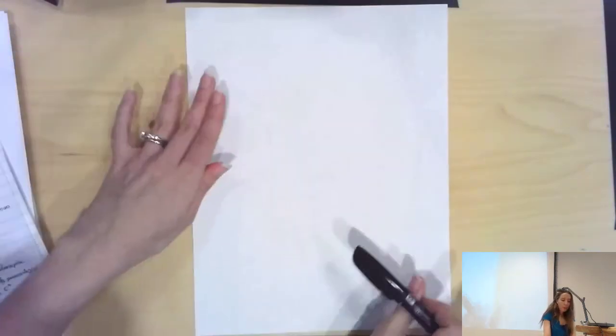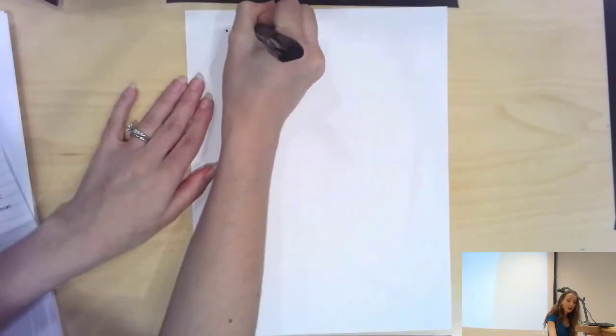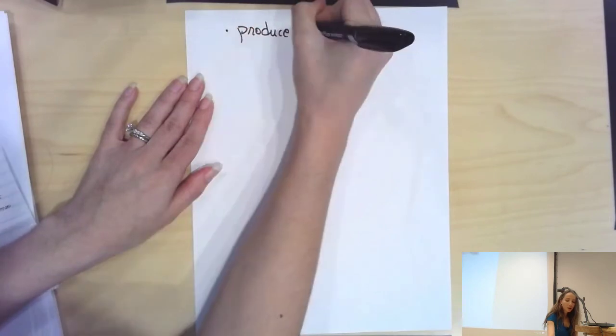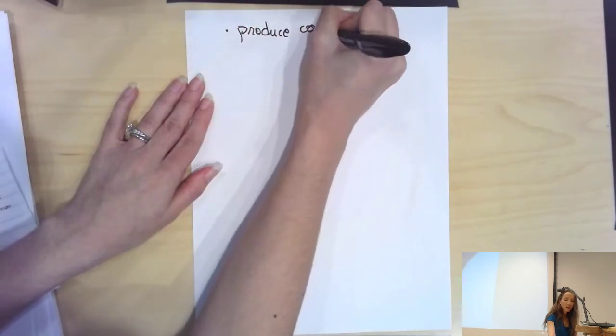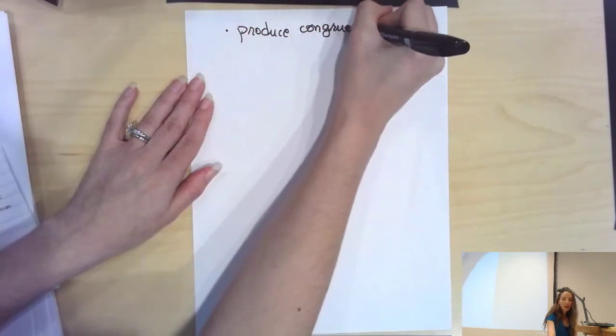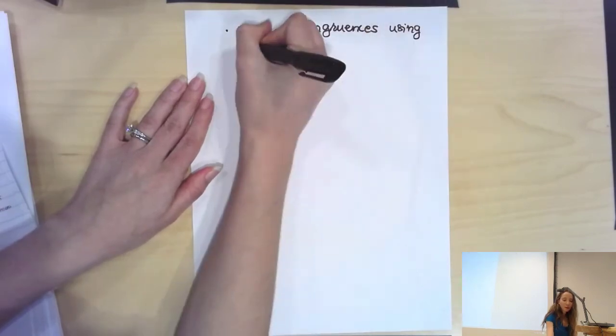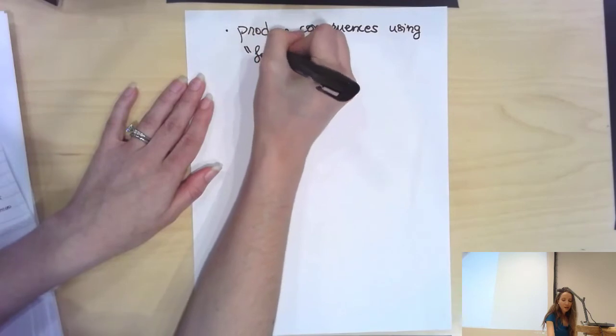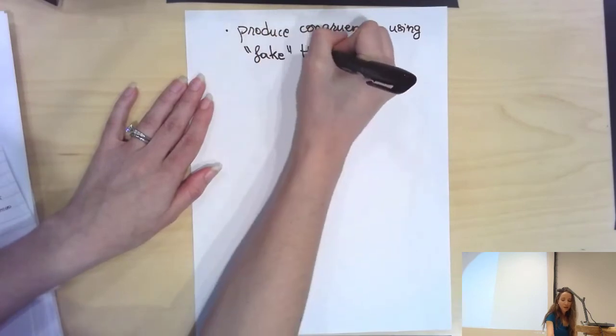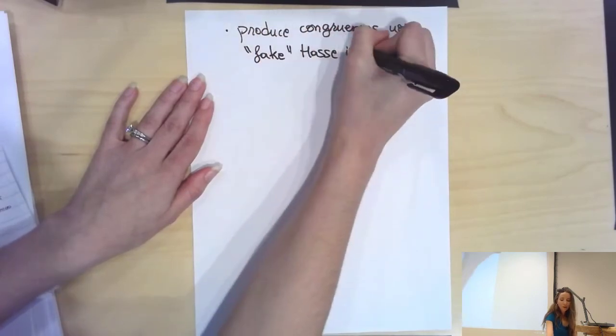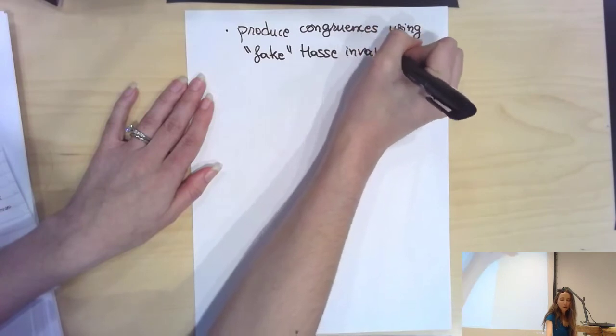And if you've heard about the Hasse invariant, well, you can produce congruences using some objects that behave very much like the Hasse invariant, even though they don't have anything to do with the Hasse invariant. But this would be the topic of the last lecture.